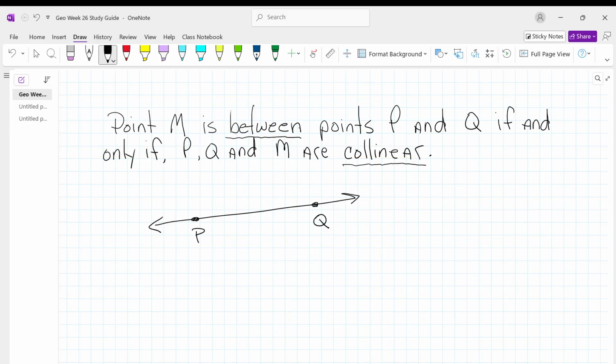M is between P and Q if they're collinear. So we can put M in between P and Q. In order for M to be between 2 points, all 3 of the points have to be on the same line.